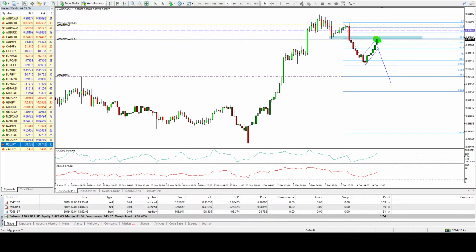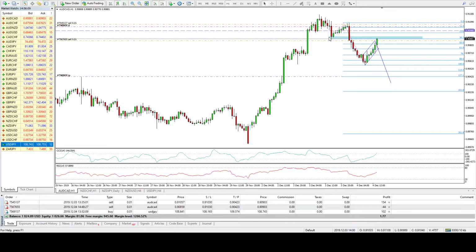Okay, seems like AUD CAD is doing what I like it to do. It's coming up. It needs to come up another few pips to reach this area here. This was the close and open from the last retracement.